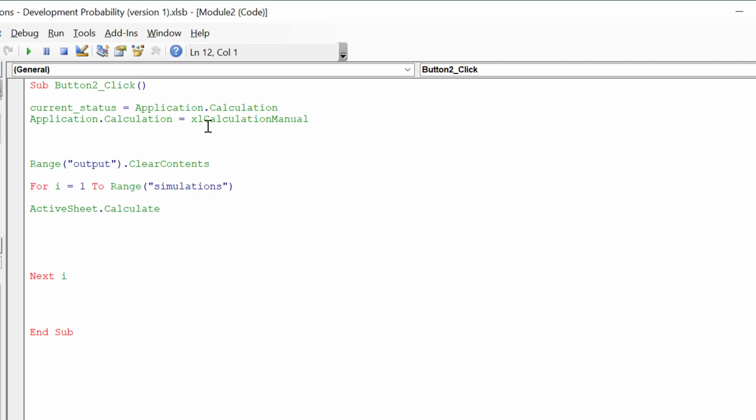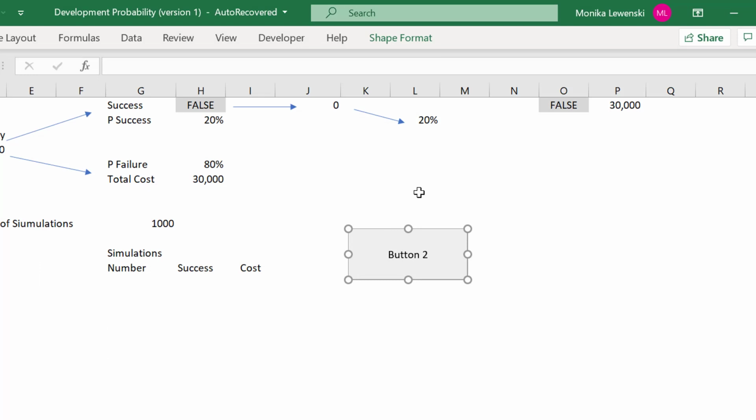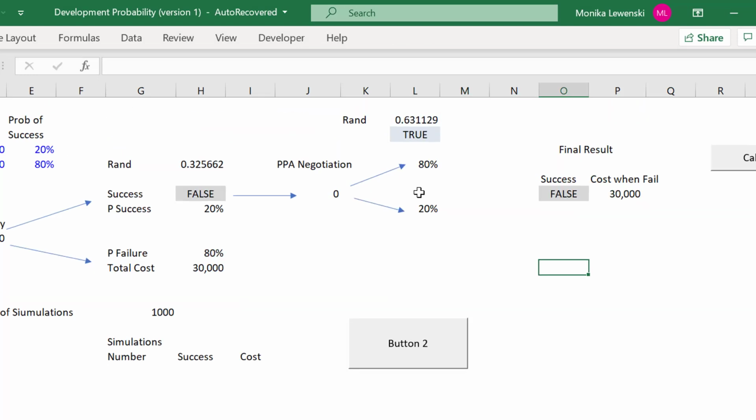Now we could get really fancy and only calculate if, and maybe we should do this.